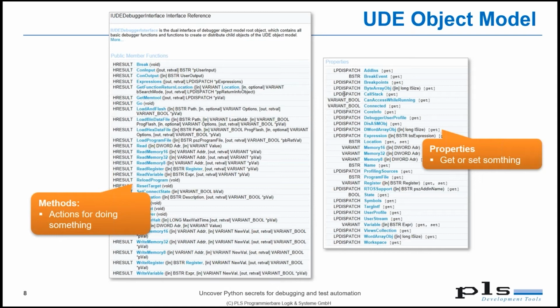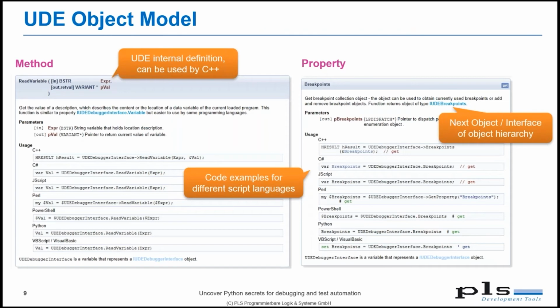By the way, this is a screenshot of our help system. All the available objects of the UDE object model are well documented, and you also find links to more detailed information. This looks like it is shown here in the screenshots. You see for each method and property, we have a definition block given in a more generic form here.